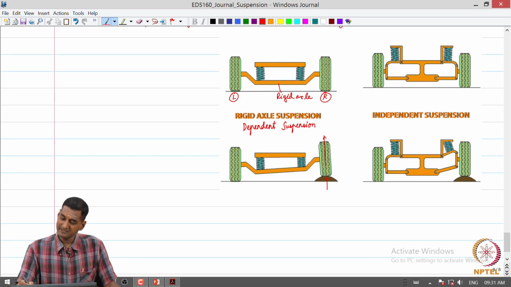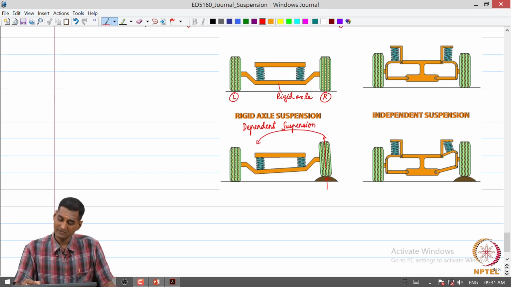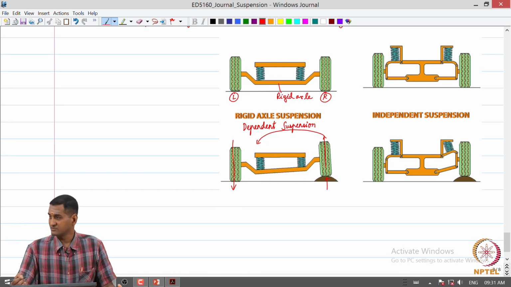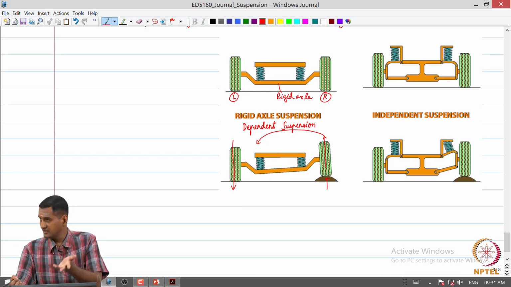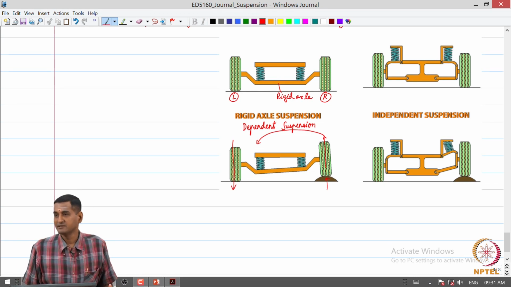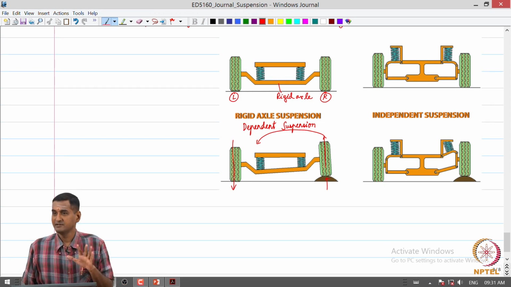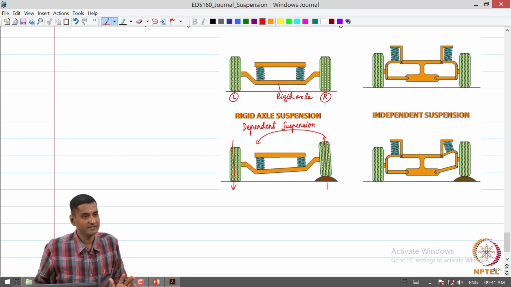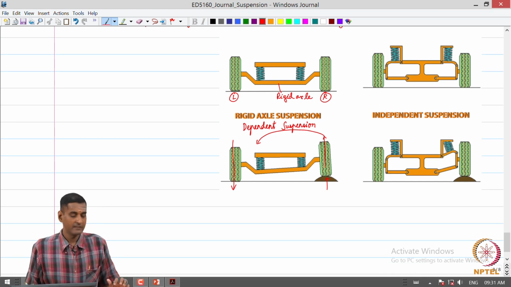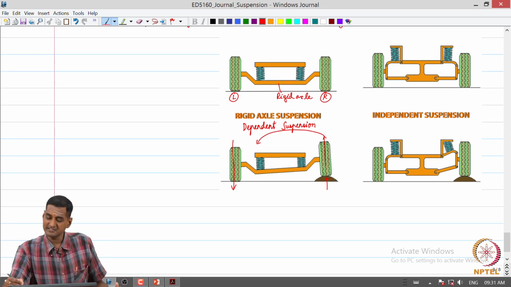The entire vehicle body will roll and this is going to be pushed off. So, any perturbation which is felt by one wheel is transmitted to the other wheel in a rigid axle or dependent suspension.